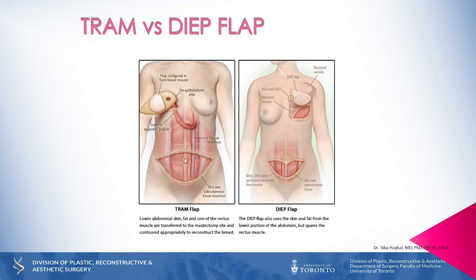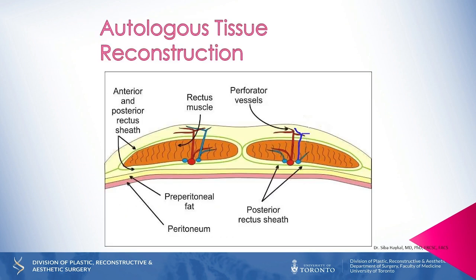Another option is a DIEP flap, where we take skin and fat and we disconnect them from the belly and we reconnect them into the chest. And I'll talk a little bit more about that.